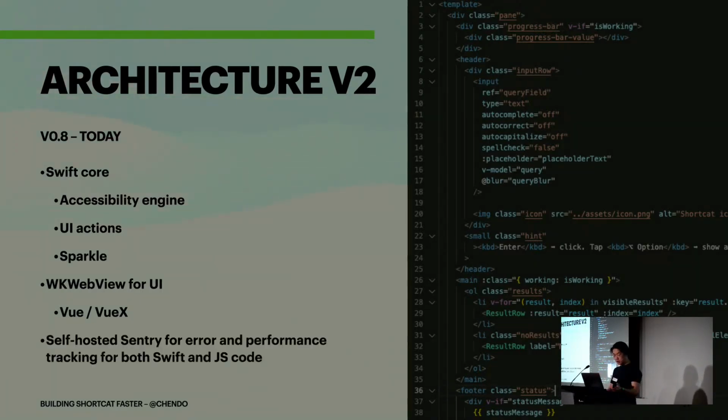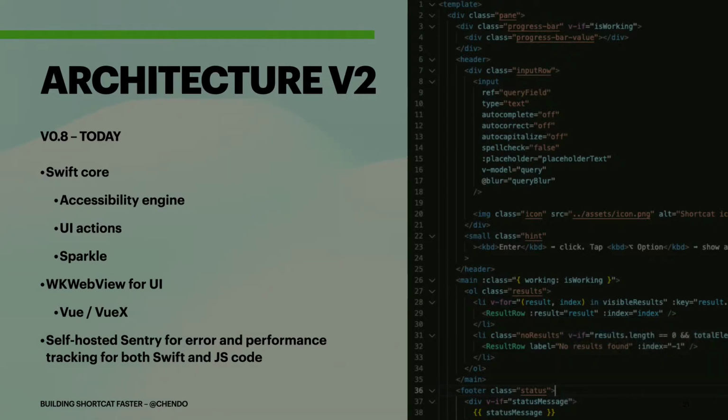I also use self-hosted Sentry for both error and performance tracking for both Swift and JavaScript code. And that screenshot there is the source code for the main query panel that you would have seen underneath the window just before. As you can see, it's just HTML.